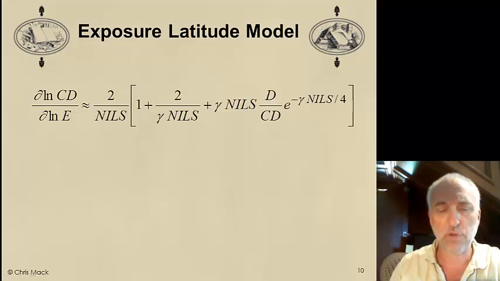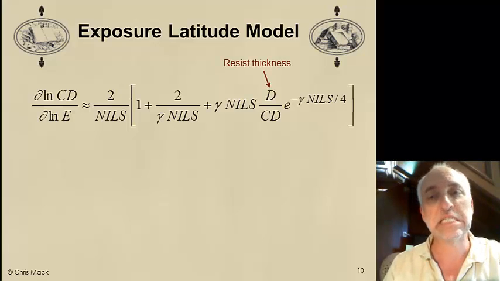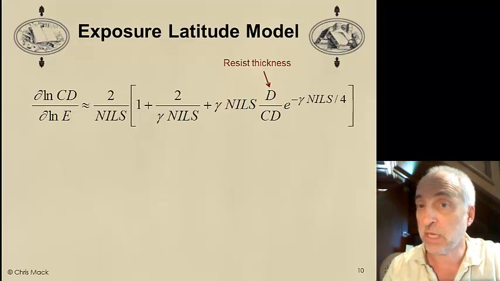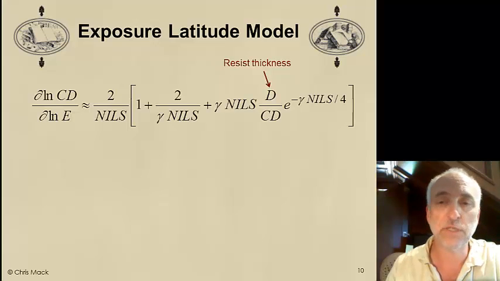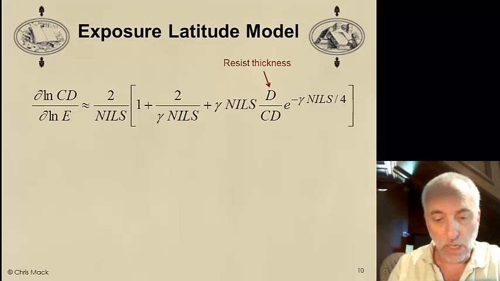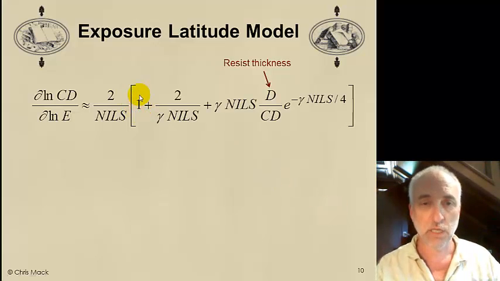Note that there are 3 basic things going on, and one of them is the resist thickness D, or more particularly, the ratio of the thickness of the resist to the feature size, which we call the aspect ratio. So I have, in fact, 3 terms here. The first term is simply the aerial image dominated term, what I would get if I have an infinite contrast resist.